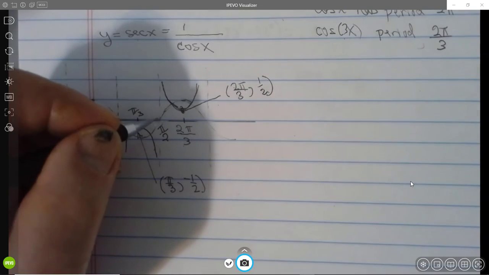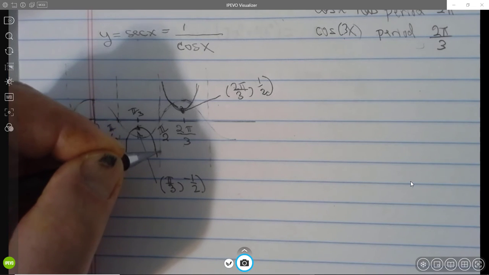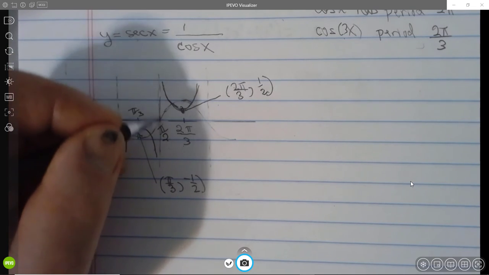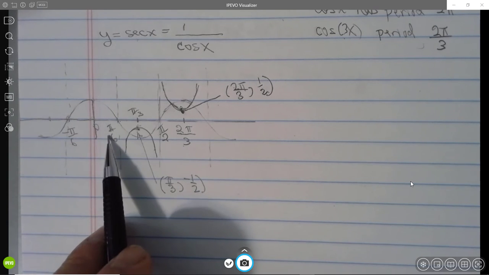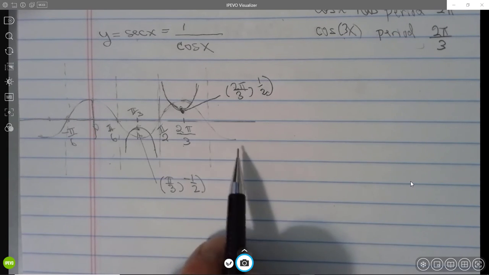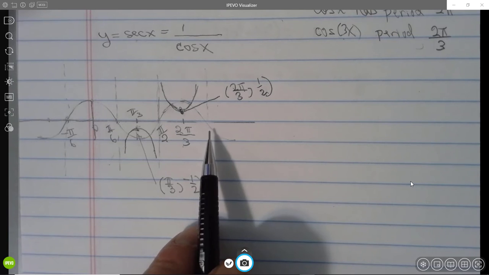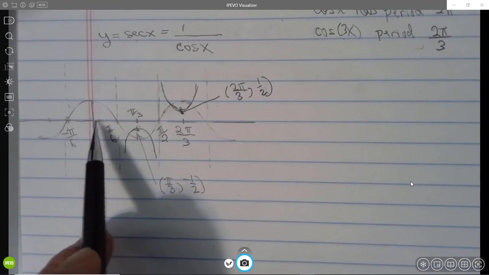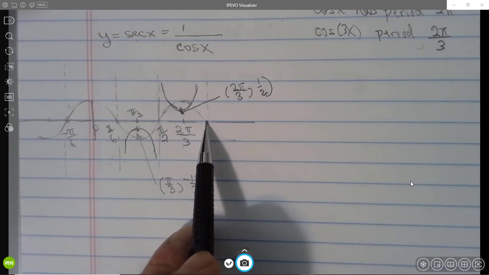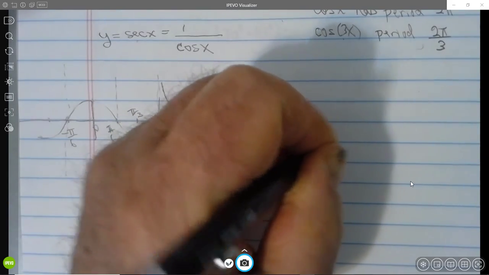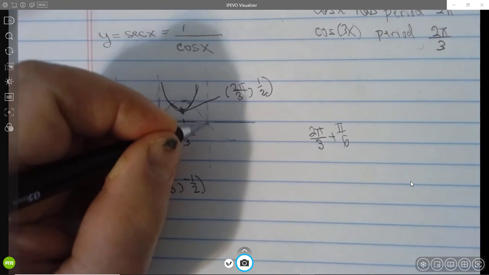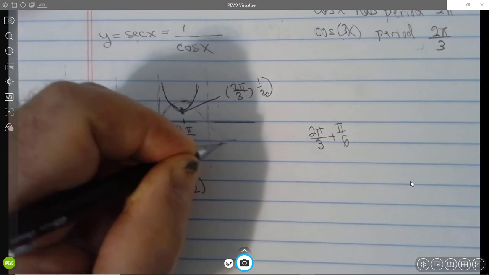And the x-coordinates anywhere on this vertical asymptote are pi over 2. On this one, they are pi over 6. And this one we could compute as well. We have a distance from here to here of pi over 6, so 2 pi over 3 plus pi over 6 would be the x-coordinate for this asymptote here.